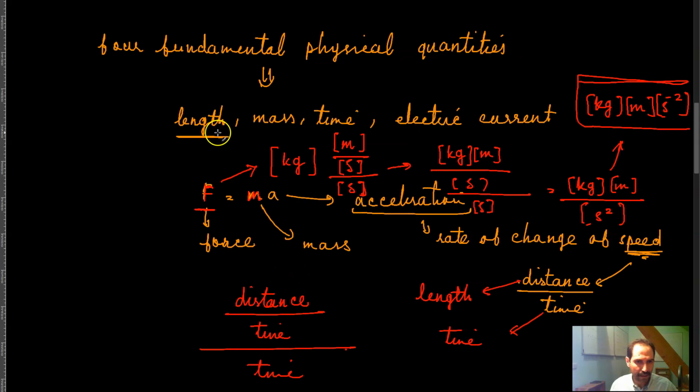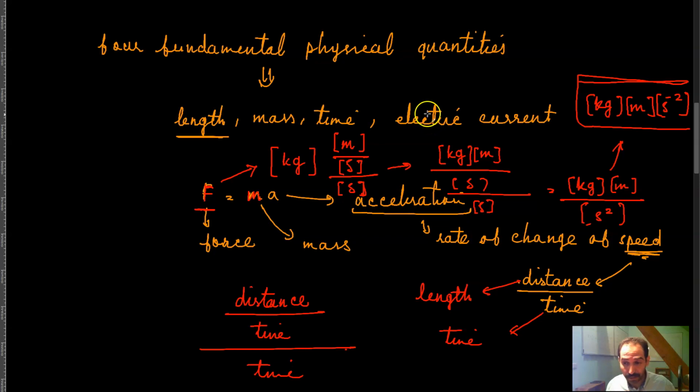As you can see, there are actually 7 of them. There is the length, the mass, the time, electric current, luminous intensity, electric charge, so that is 6, and there is 1 more.